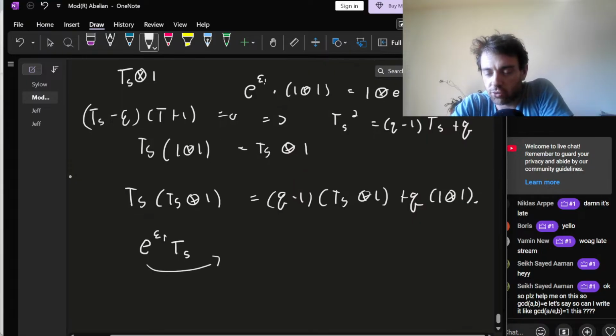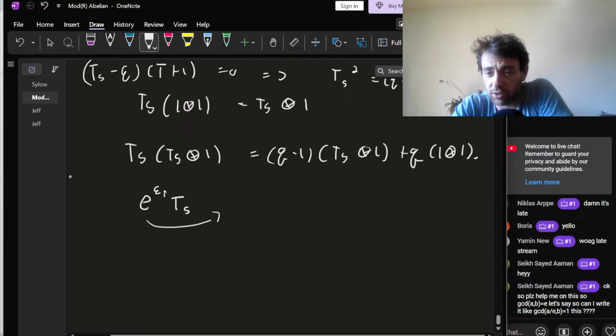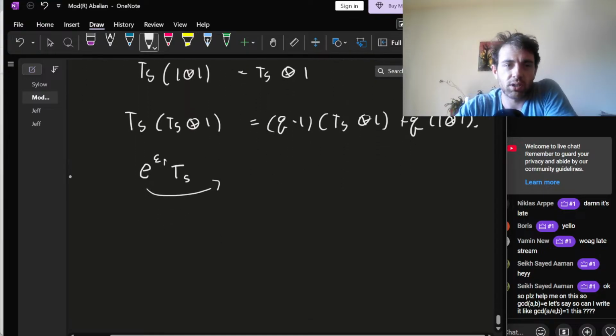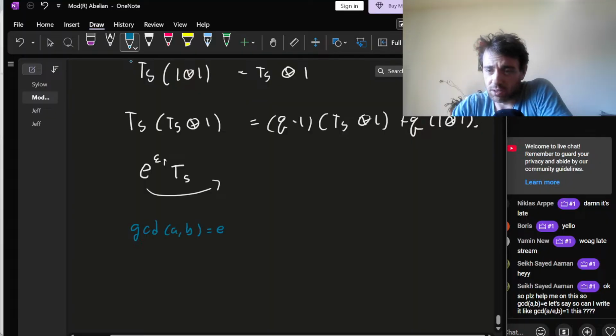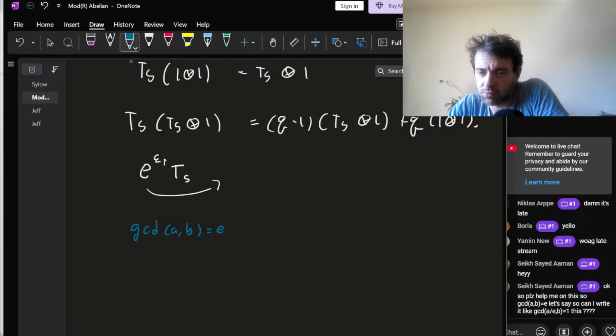But let's take a look at this question in chat. Please help you on this. GCD of a, b is equal to e. Can you write it that the GCD of a over e and b over e is 1?